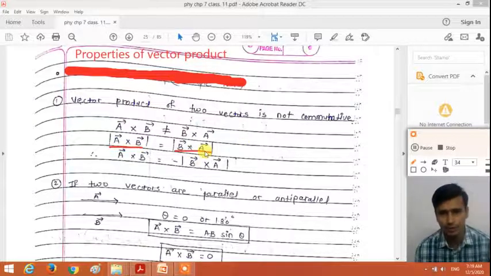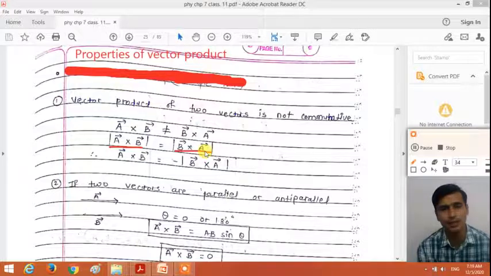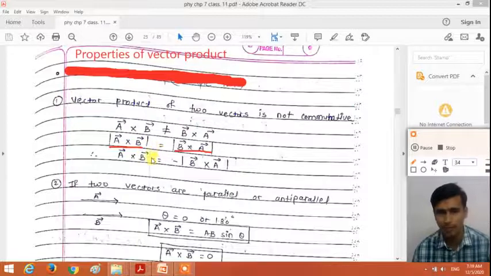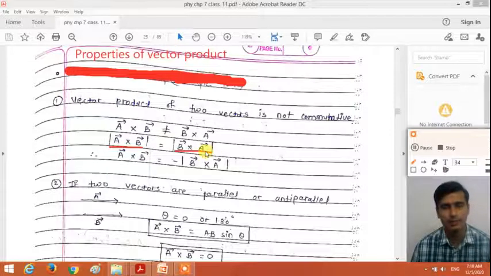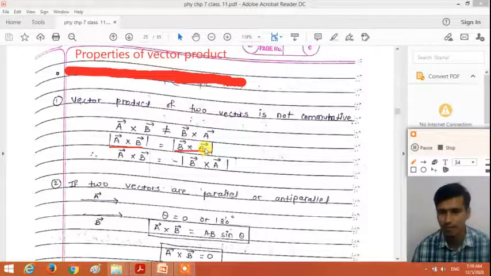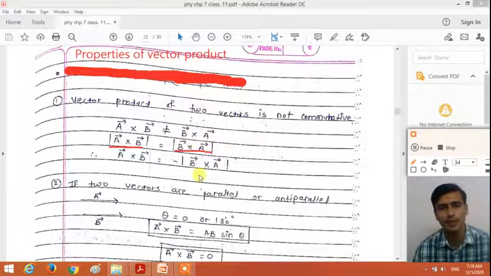So A cross B and B cross A have the same magnitude, but in the opposite direction.